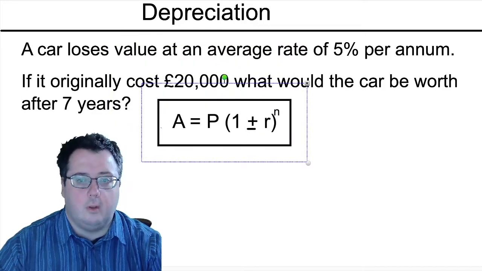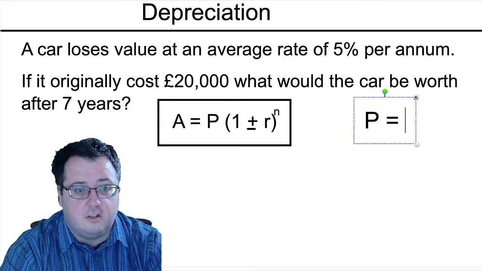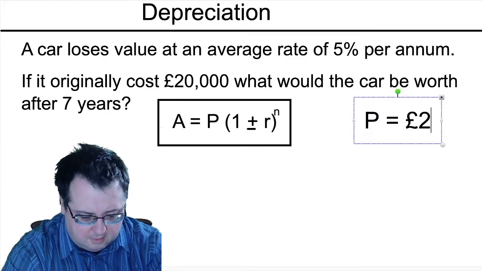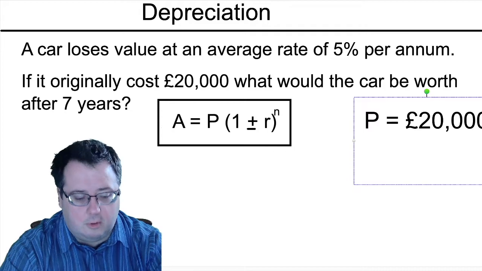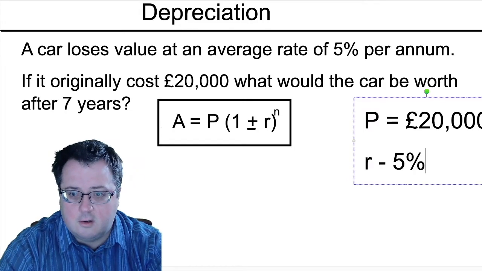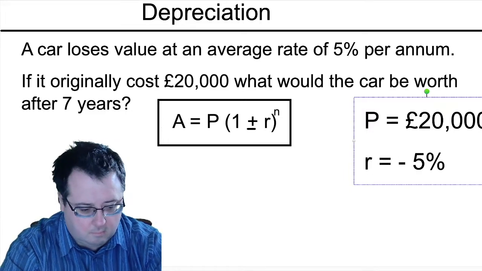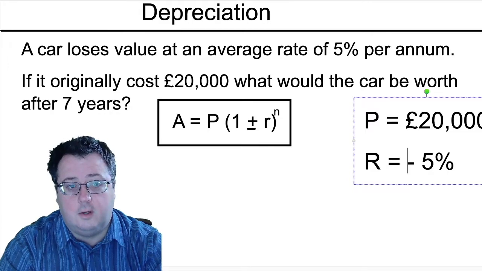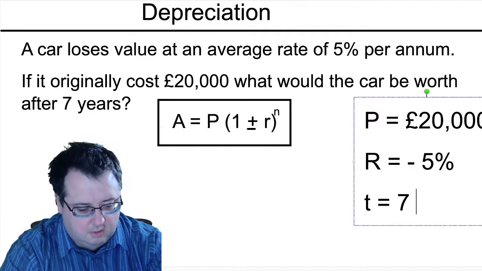There we go. Let us write in the principal, which is £20,000. And we want the rate, which is minus 5%. And then the time is 7 years.